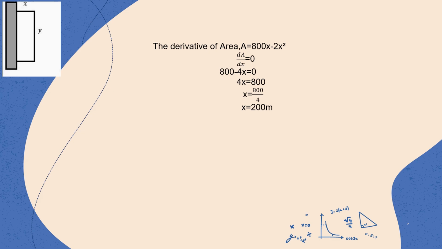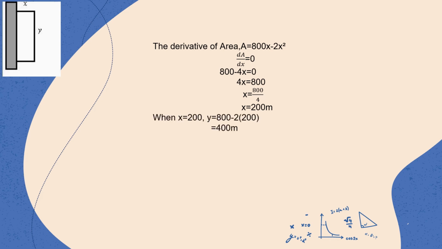Now we want to get the x value, so we bring the negative 4x to the right side, and we get 4x equals 800. When we bring 4 to the opposite side we must divide, so x equals 800 divided by 4, so x equals 200 meters.